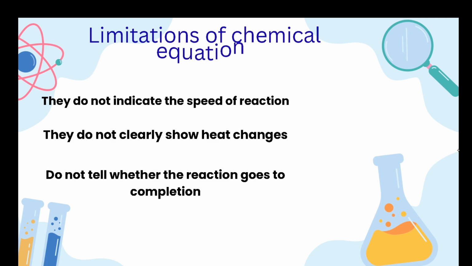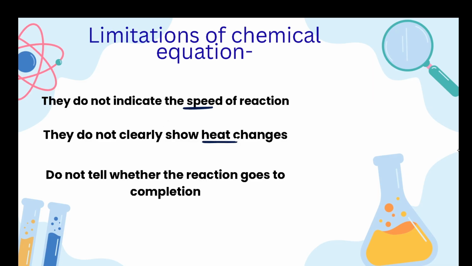Then they do not indicate the speed of the reaction, whether the reaction was a fast reaction or it is taking days, hours, or it is an instant reaction. We cannot see the speed of the reaction when we are seeing a chemical equation.